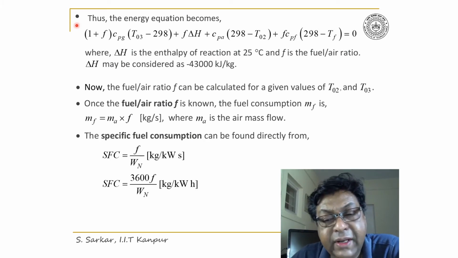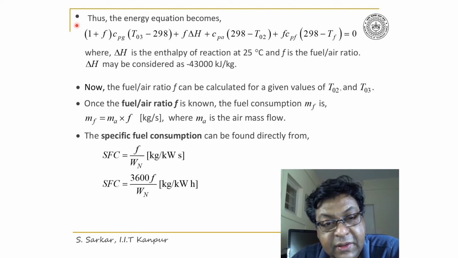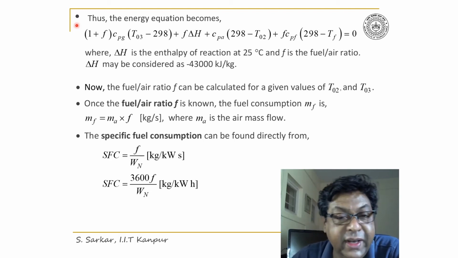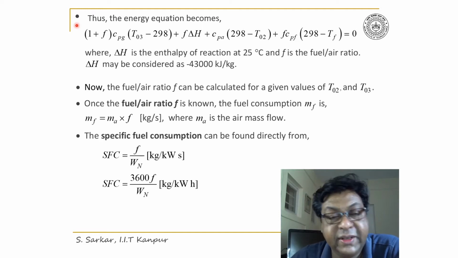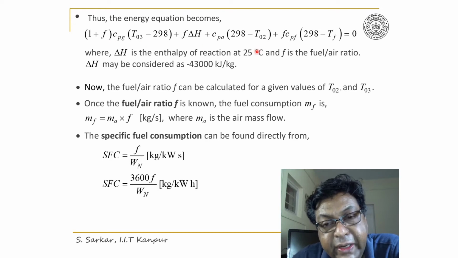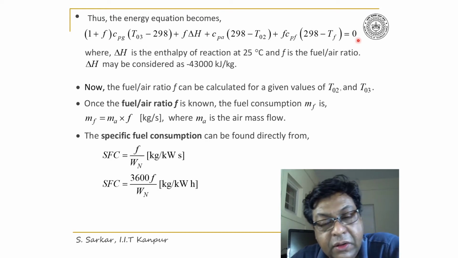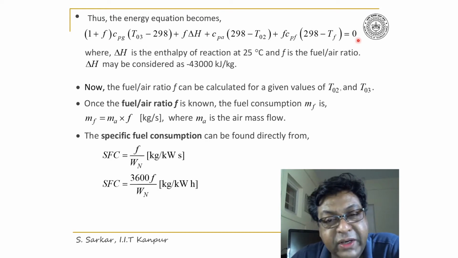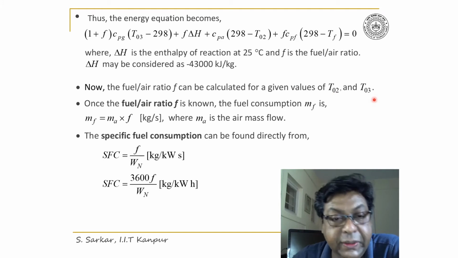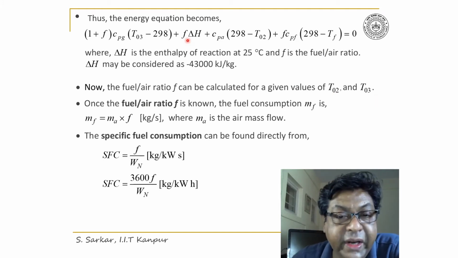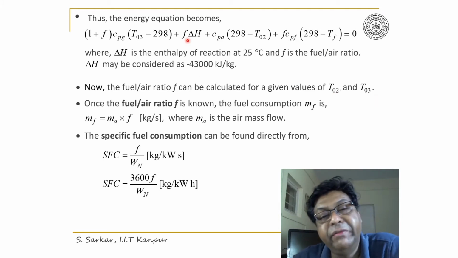For the gas turbine calculation, delta H may be considered as minus 43,000 kilojoule per kg. So I have written the energy equation for the combustion process, where for a given combination of T02 and T03, the fuel air ratio small f can be evaluated.